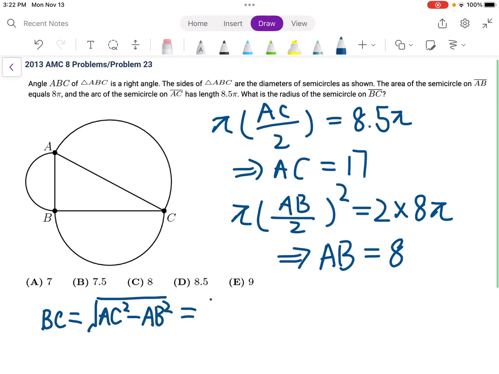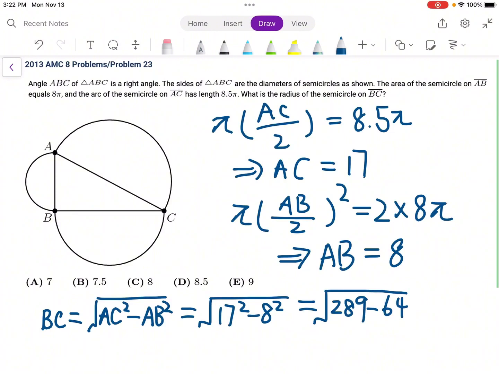And that equals 17 squared subtract 8 squared. That's 289 subtract 64. It equals 15. So the radius of the semicircle on BC will be half of 15. That's 7.5.